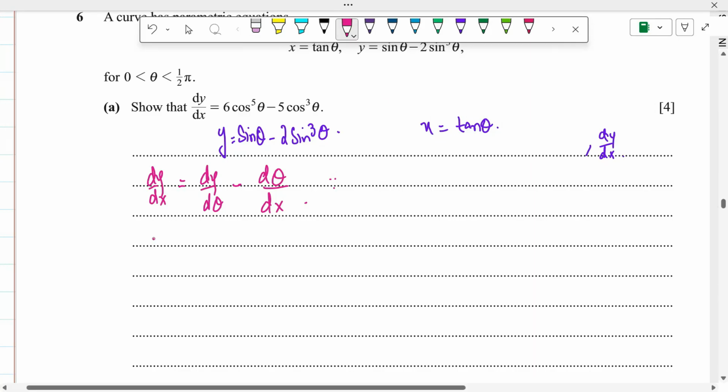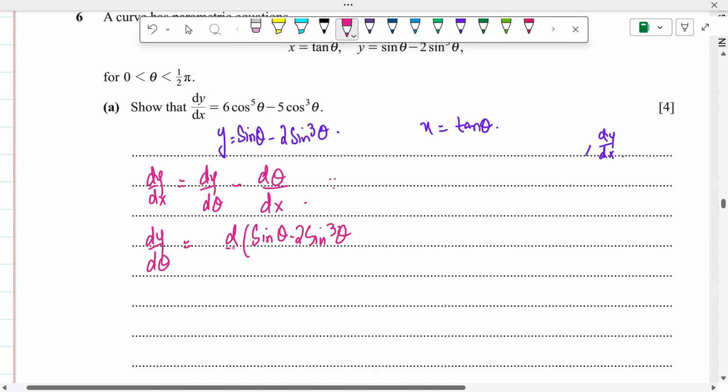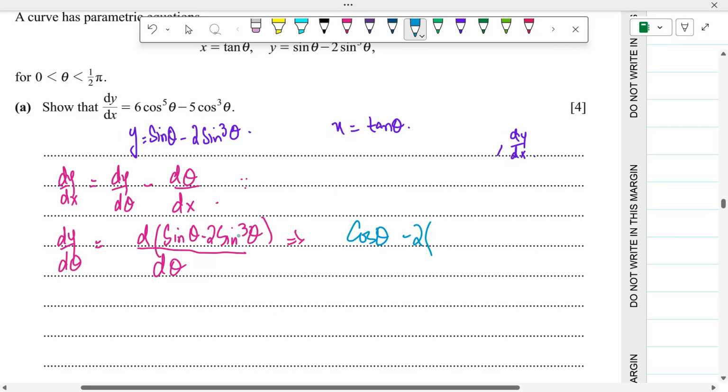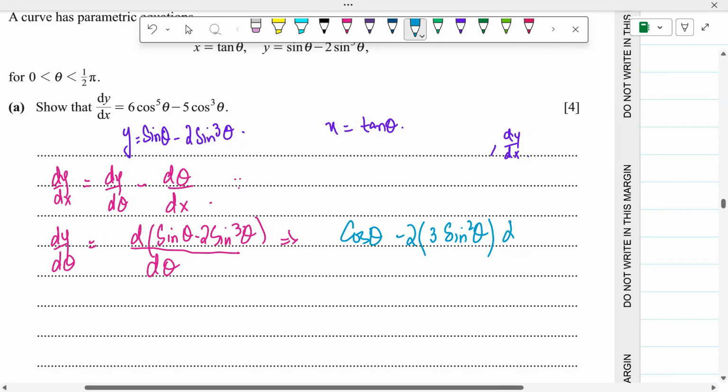So first we find dy over d theta, and this is equal to the derivative of y, which is sin of theta minus 2 sin cubed of theta, with respect to theta. We know that the derivative of sin is cos of theta, minus 2 times the derivative of sin cubed theta, which is 3 sin squared of theta times the derivative of sin theta with respect to theta.